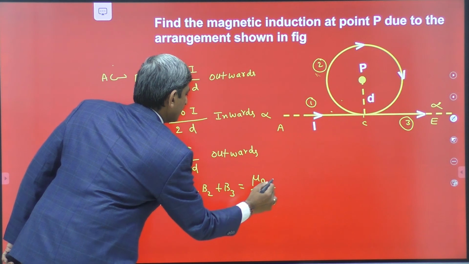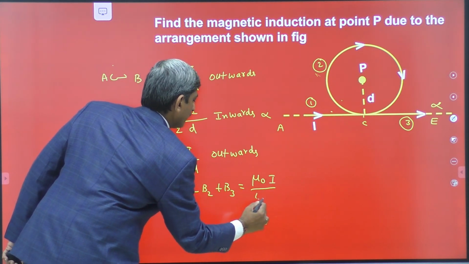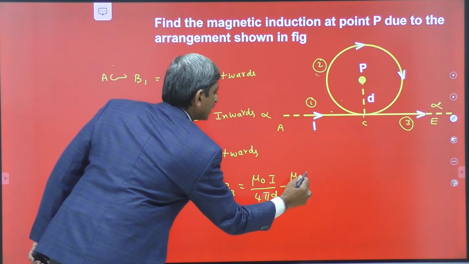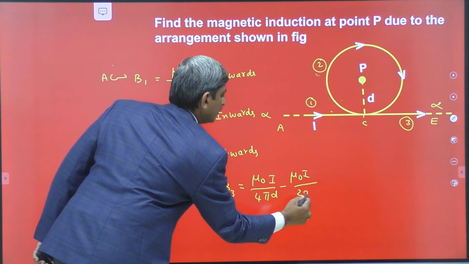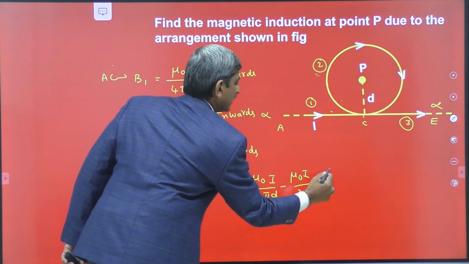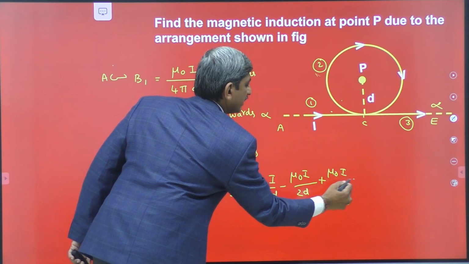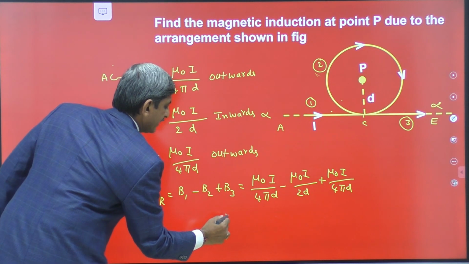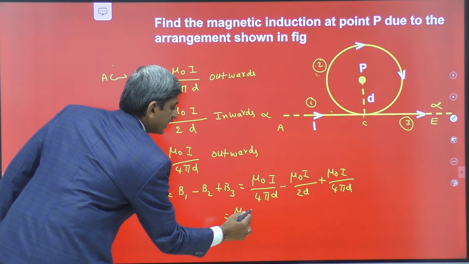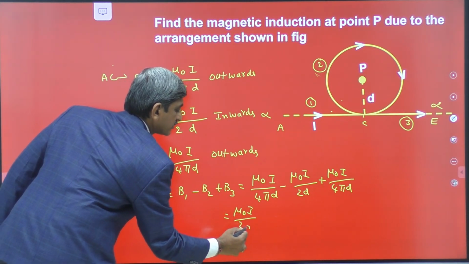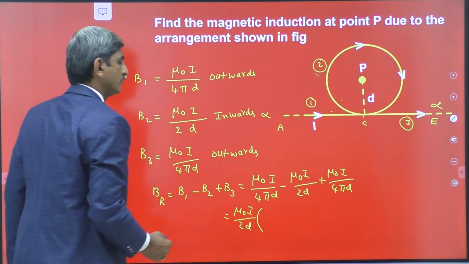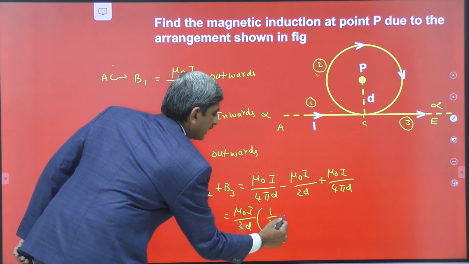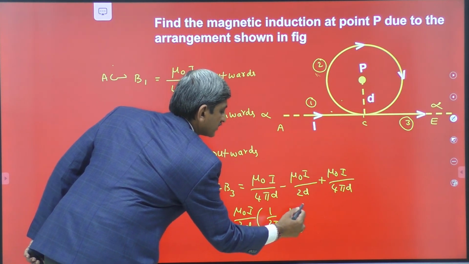Mu naught I by 4 pi d minus mu naught I divided by 2d plus mu naught I divided by 4 pi d. So by taking mu naught I divided by 2d as common, it becomes mu naught I by 2d into (1 by 2 pi minus 1 plus 1 by 2 pi).